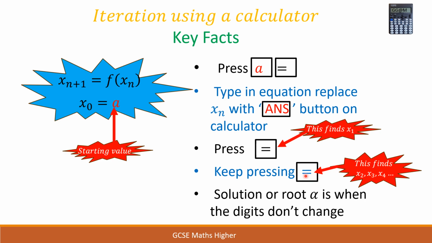So if you keep pressing equals here, the solution will not change, and when it gets down to the point where the solution doesn't change, you have hit your root alpha. So this is how we're going to do it using your calculator. I'm going to show you both steps alongside each other on the example we've been using, and then you're going to have a go.